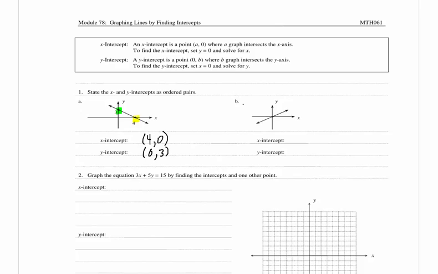And in B, we have a line that crosses through the origin. So the x-intercept and the y-intercept are both at the same place, right here where they intersect at the origin. So the point (0, 0) is our x-intercept and our y-intercept.